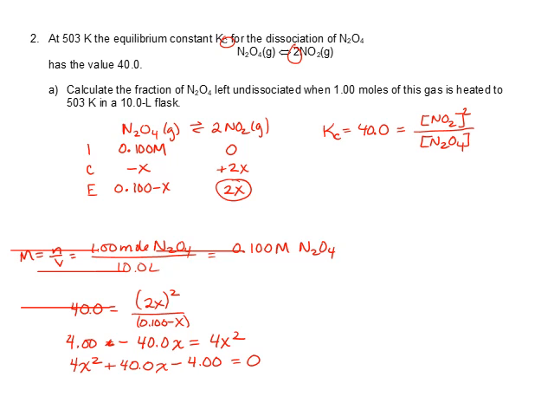And this is going to be equal to 0. You may recall from algebra class that we can use something called the quadratic formula to solve these kinds of equations.